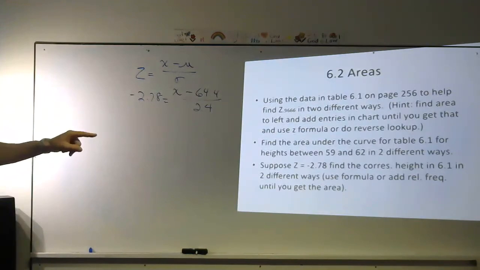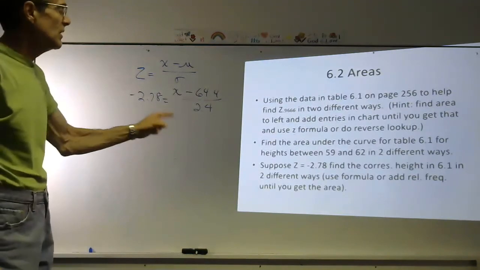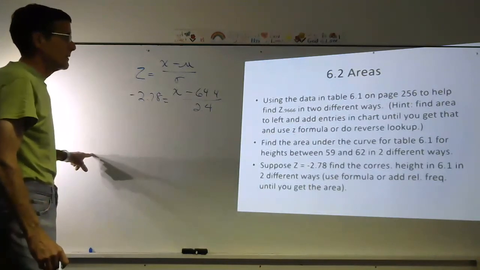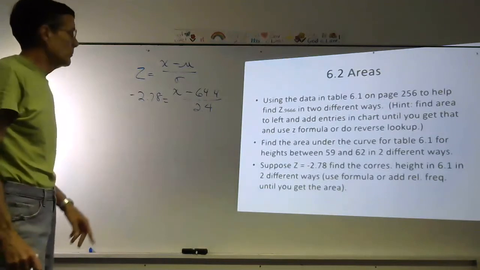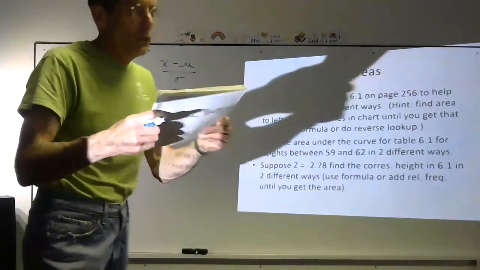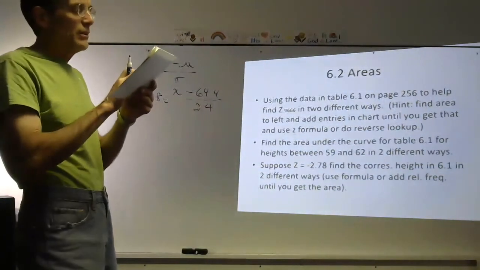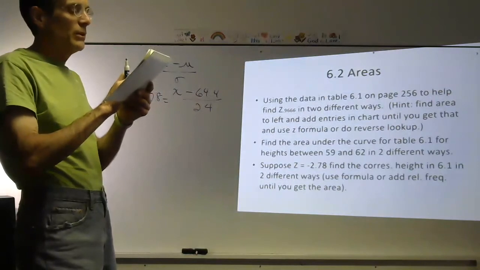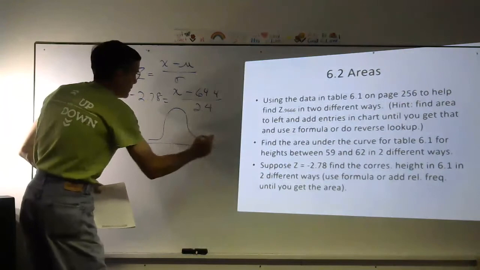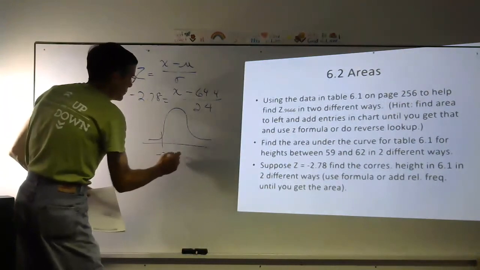Or we can add the relative frequencies until we get that area. The z equal to -2.78 is way, way down here. So we want to get a z-value of -2.78. Where's my chart? -2.78 is 0.0027. So here we are, -2.78.